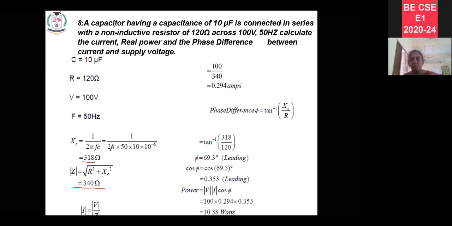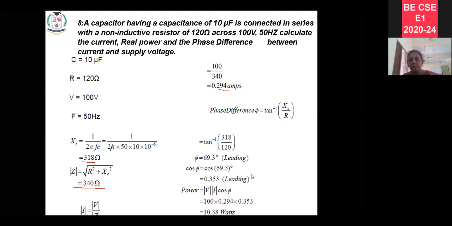Next, current is 0.294. Average power is 10.38. And phi is equal to 69.3.